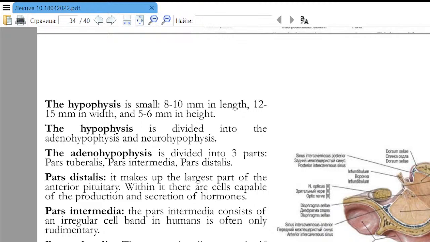The adenohypophysis is divided into three parts: pars tuberalis, pars intermedia, pars distalis.